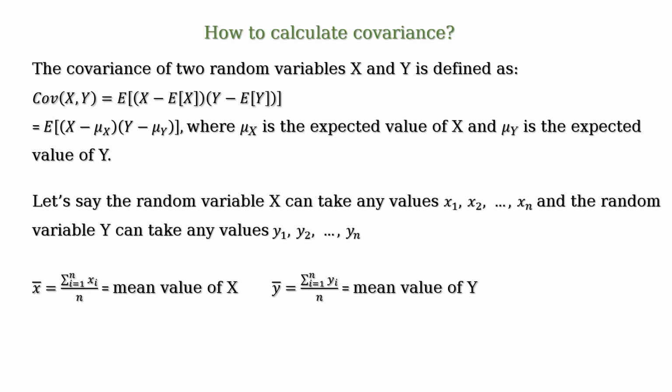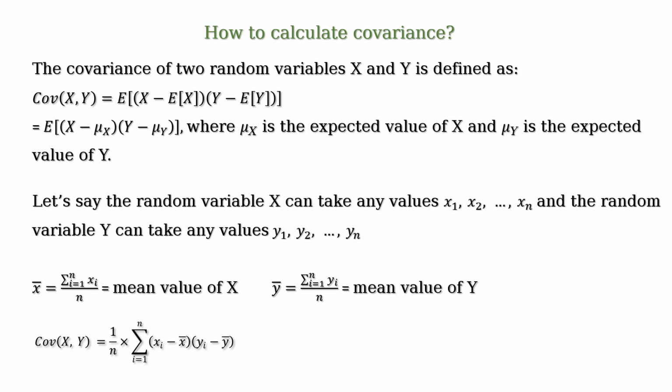So, x bar is equal to summation from i equal to 1 to n xi by n, and y bar is equal to summation from i equal to 1 to n yi by n. The covariance of x and y in that case will be 1 by n into summation from i equal to 1 to n xi minus x bar into yi minus y bar.